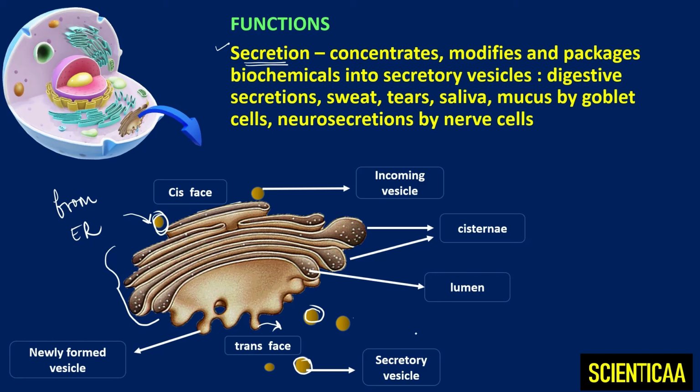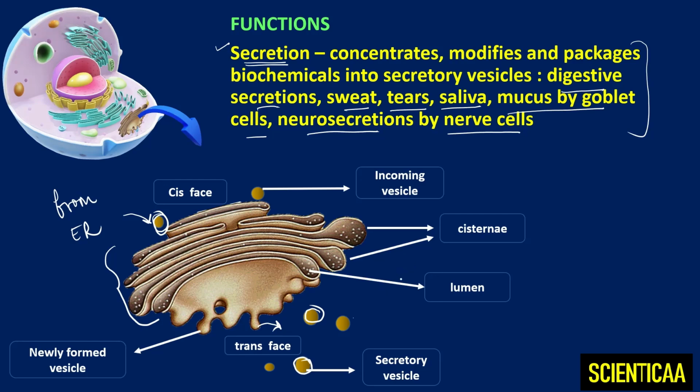Now there are some examples of these secretory products such as digestive secretions, sweat, tears, saliva, mucus by the goblet cells, some neurosecretions by the nerve cells. Also, we can have sticky slimes and digestive enzymes by insectivorous plants.